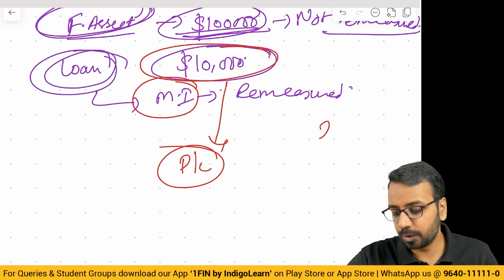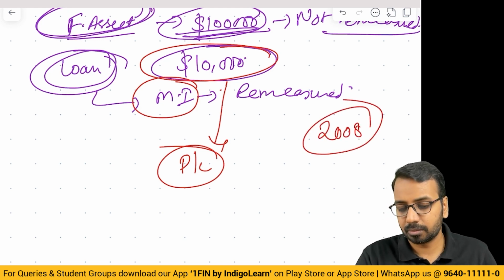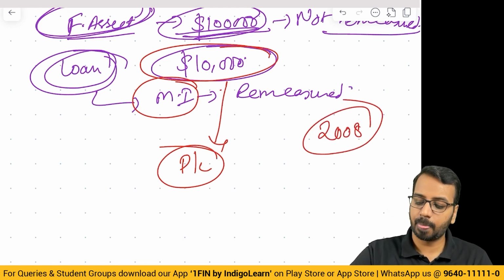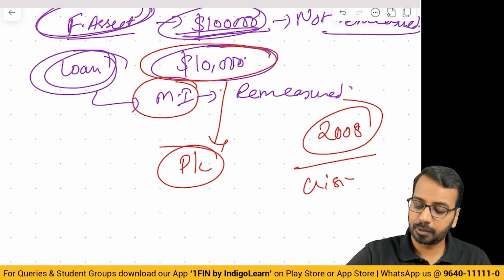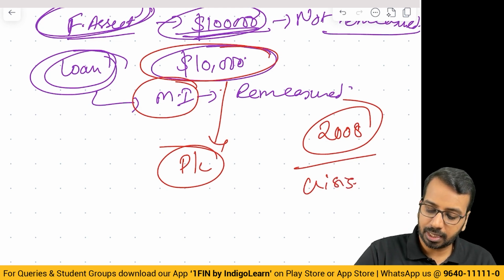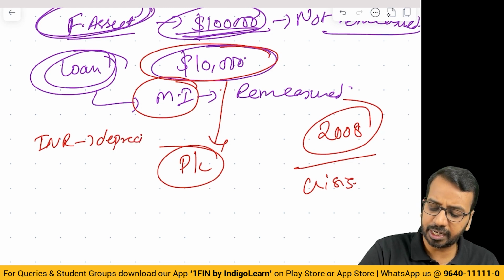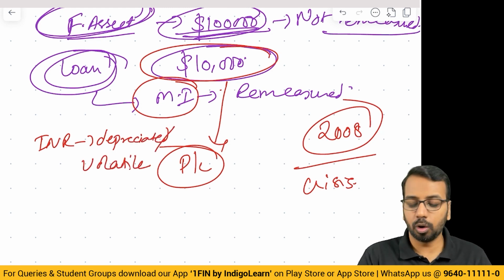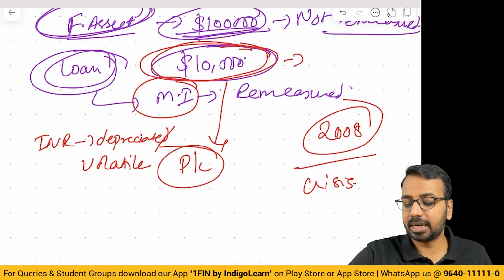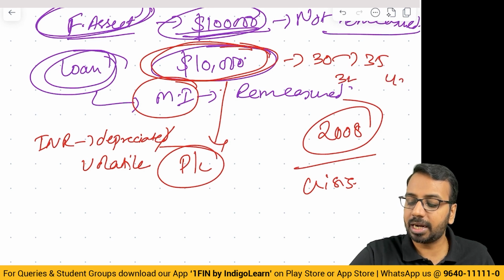But what happened is during 2008, just around that time, there was a crisis and INR depreciated significantly, and also INR was volatile. So I have taken $10,000 at, let us say, 30. Suddenly the rate became 35. Then again the rate became 32, or suddenly the rate became 40.